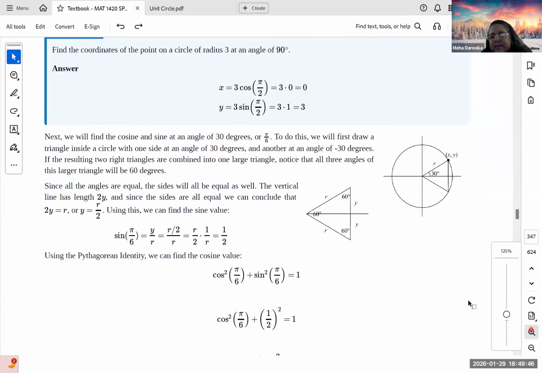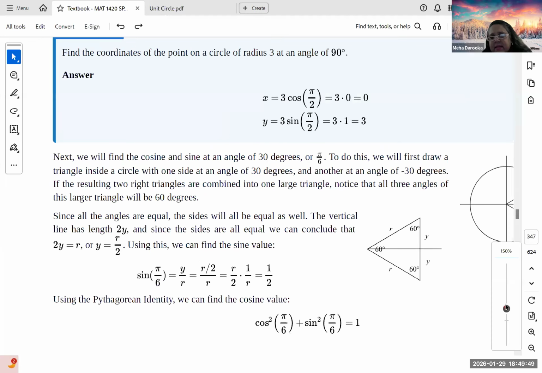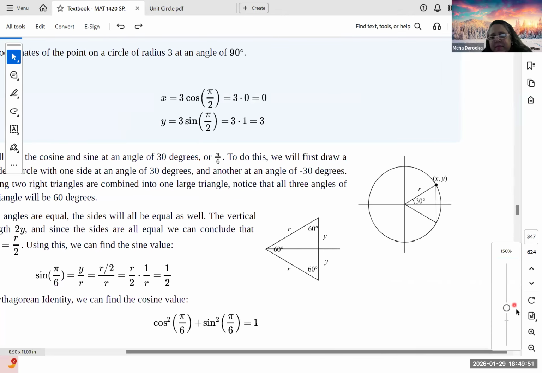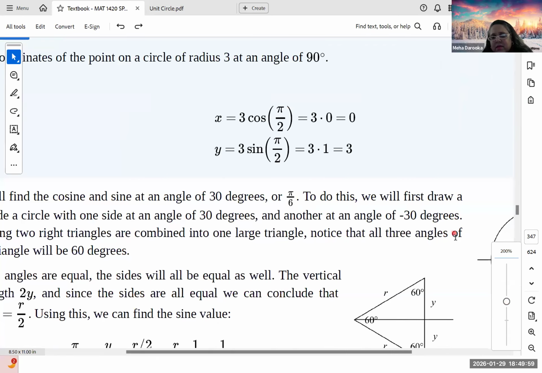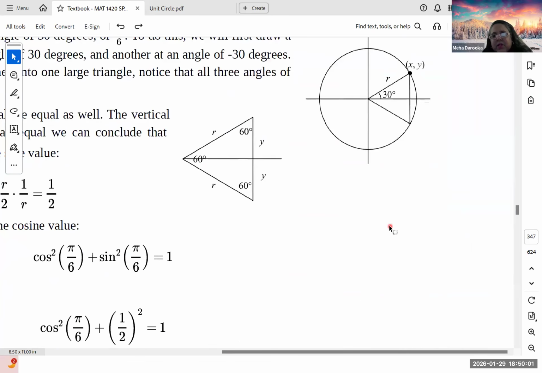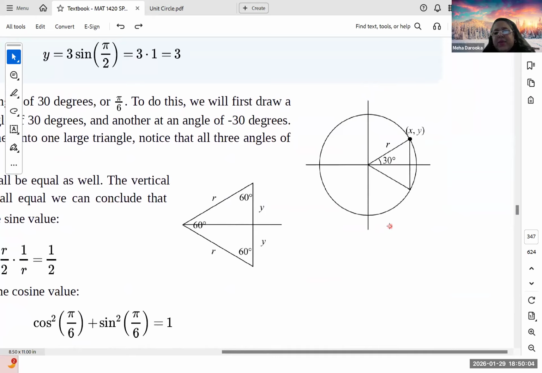Just going to expand this a little bit so you can see that circle a little bit better, and make it a little bit smaller later on. But yeah, you can see that we have our circle over here with that 30-degree angle from your initial side. So let's see how that can help us find what the values for sine and cosine will be.